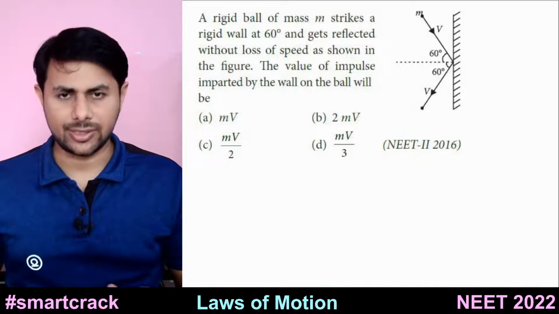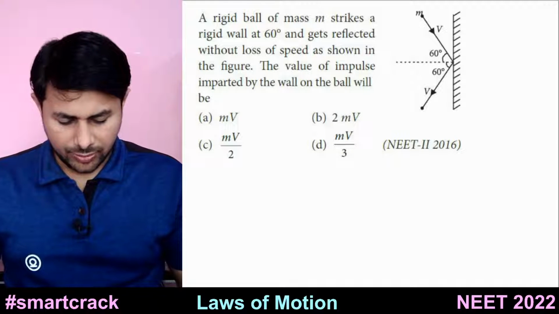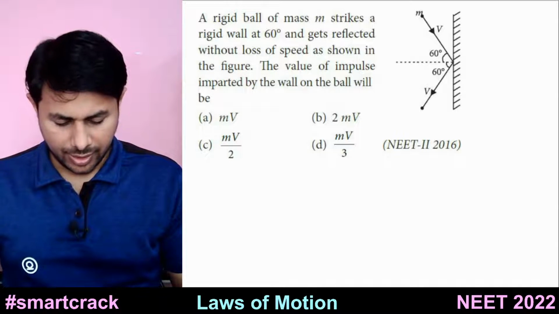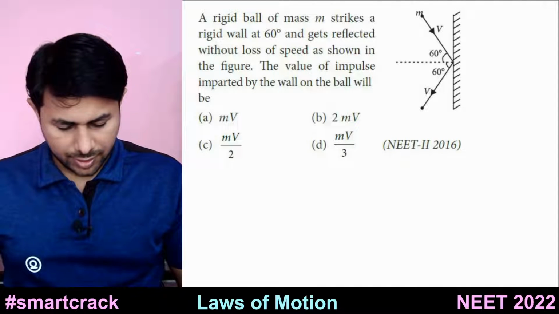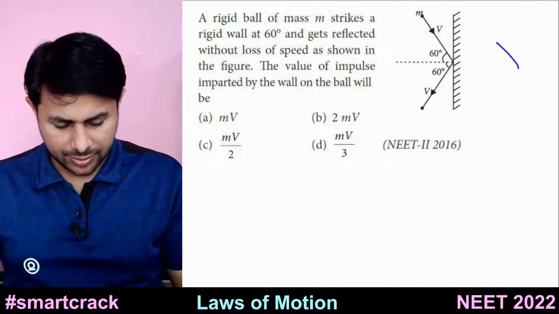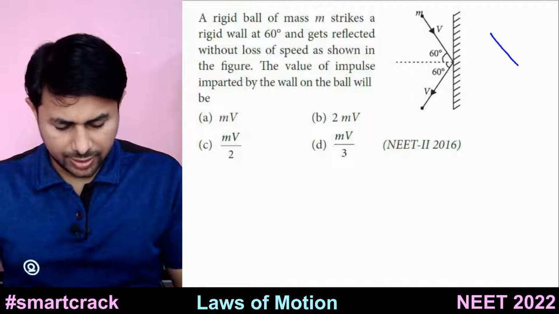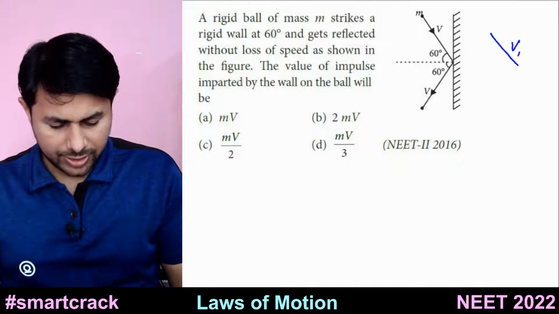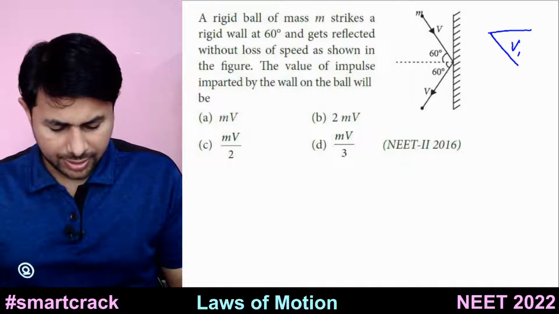So speed remains constant. Okay, so what happens is only the direction of velocity changes. So now speed is constant. Initially this is v, you can say. So initial velocity, let's call it v1. You can resolve it in two components.